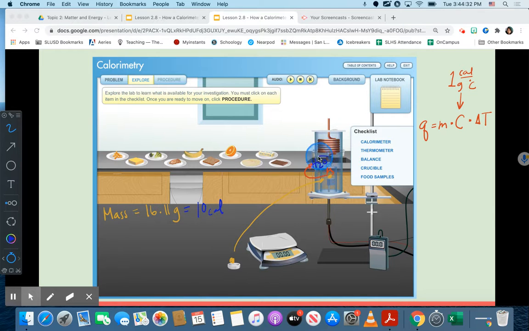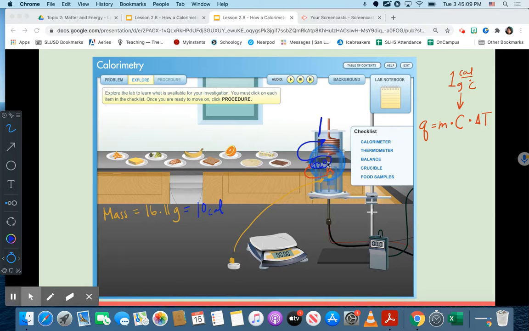So now there's 10 calories of energy in the water. And those 10 calories of energy in the water are going to go into these coils where we can measure the temperature. So we can now measure how many calories are in the water based off of its temperature change. And we know how fast water heats up, and we know the calories of 1 gram of water, so we can use that to calculate the calories of any type of food as long as we transfer all of the heat energy into the water.